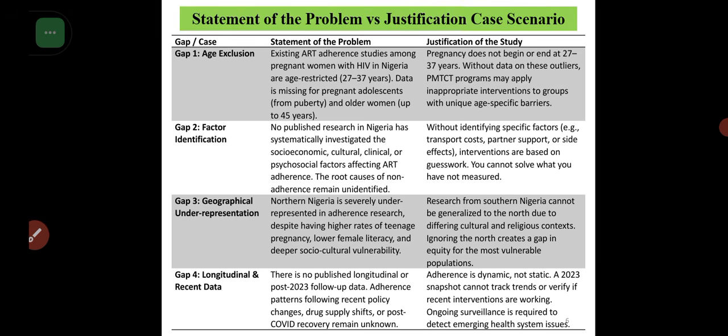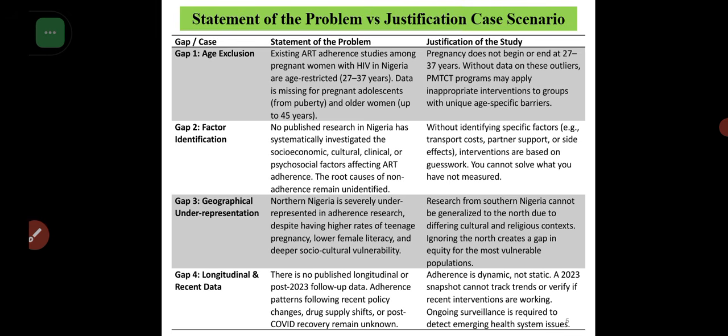How will your justification appear? Adherence is dynamic, not static. A 2023 snapshot cannot track. Snapshot there means cross-sectional. Cross-sectional is a snapshot study, cannot track trends or verify if recent interventions are working. So ongoing surveillance is required to detect emerging health system issues.